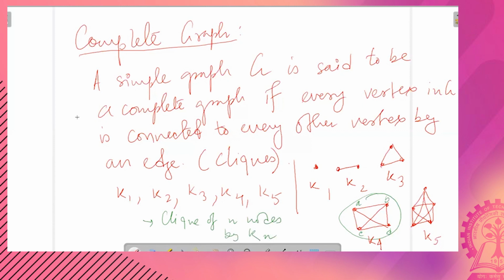A very easy thing to see is that the number of edges in Kn is nC2, since all pairs of nodes are connected, and you can verify this with the examples that we have drawn here.